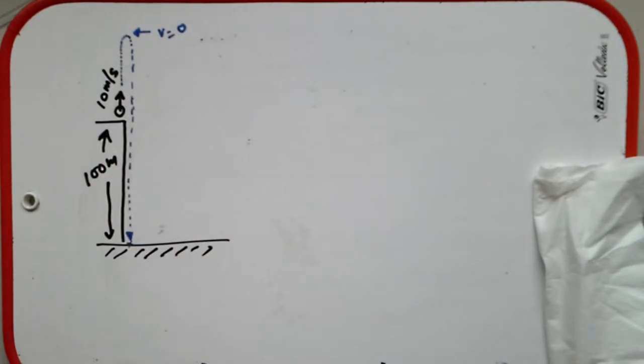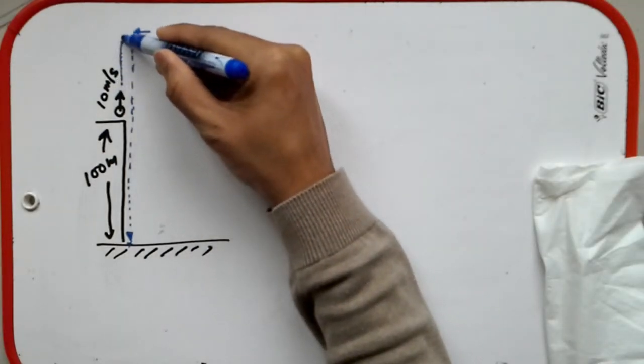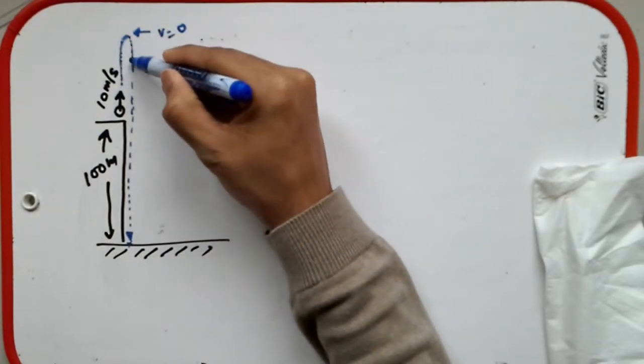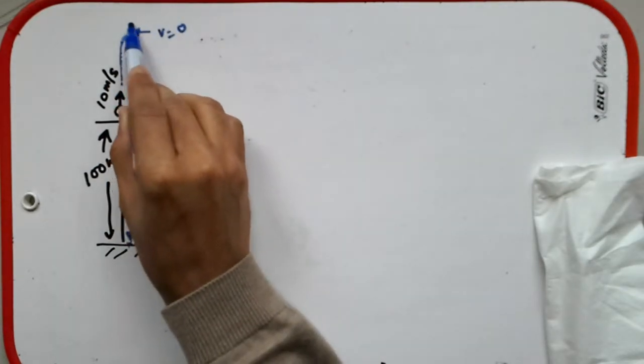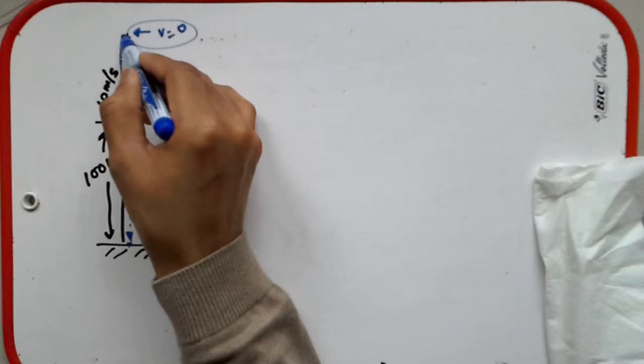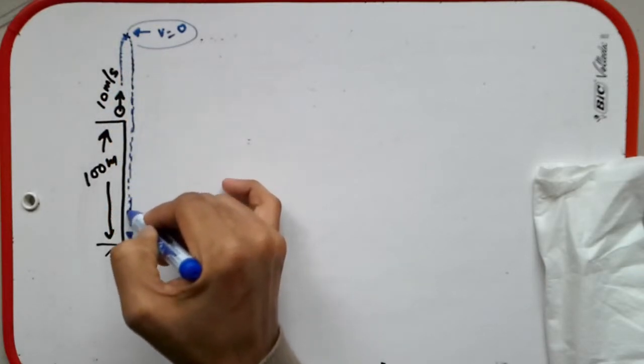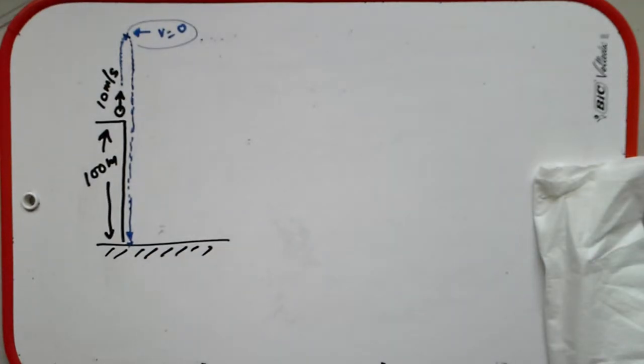So if you throw a ball, this is our trajectory of the ball. It goes up and at this point it reaches its minimum speed. Here it would be 0 and again starts to accelerate and reaches the ground.